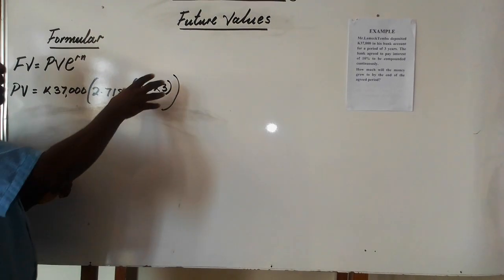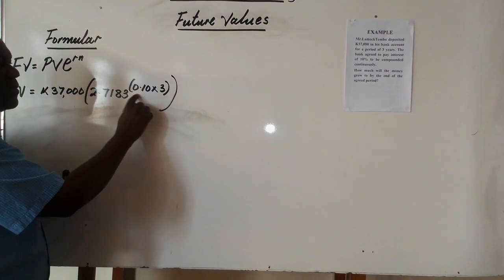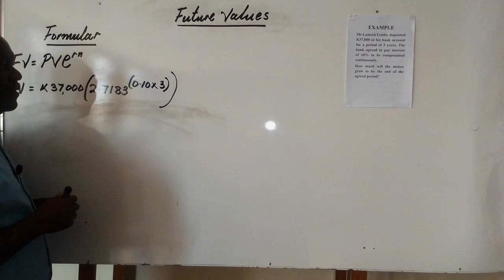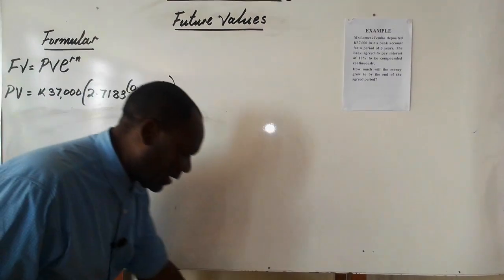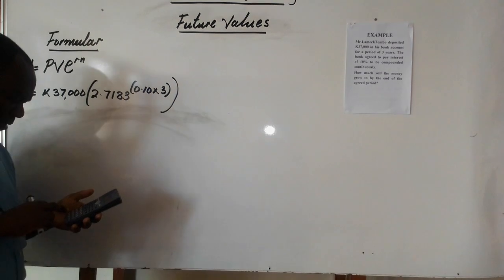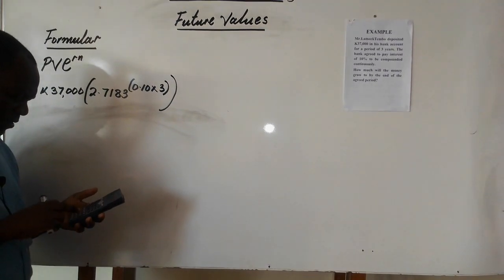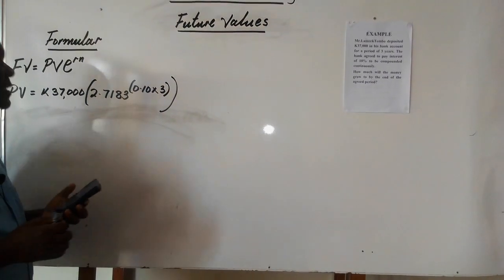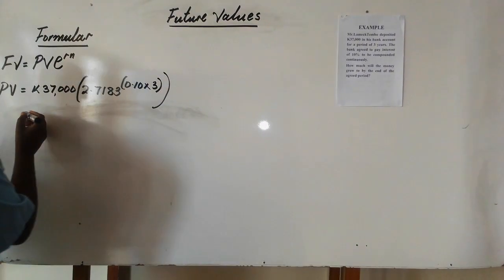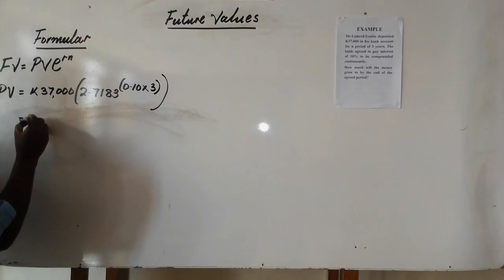You have to deal with this one first. So you deal with 0.10 multiplied by 3. If I get my calculator, 0.10 multiplied by 3, I'm getting 0.3.